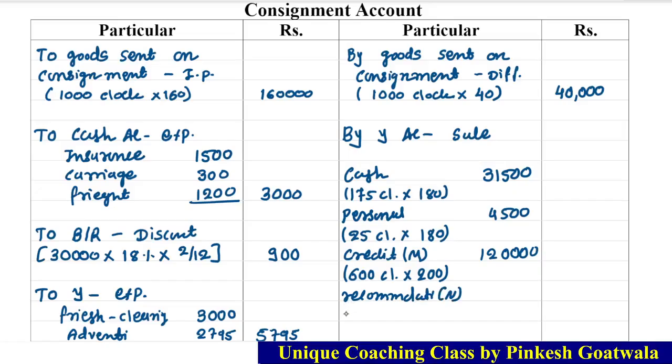There are total 100 clocks at 190. 100 into 190, 19,000. So it will be total sale. So total amount is 1,75,000. Clear? So this way you have to give separate effect.